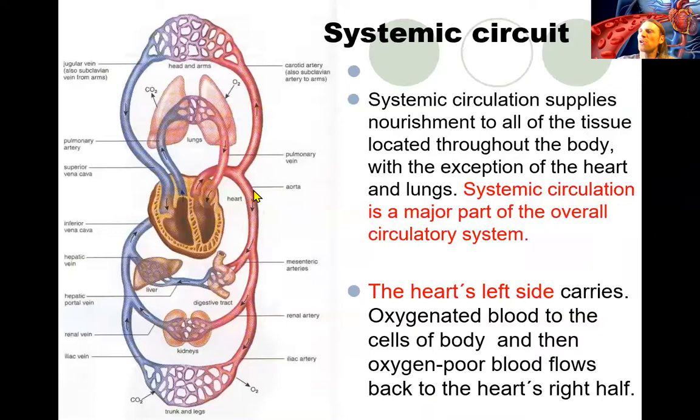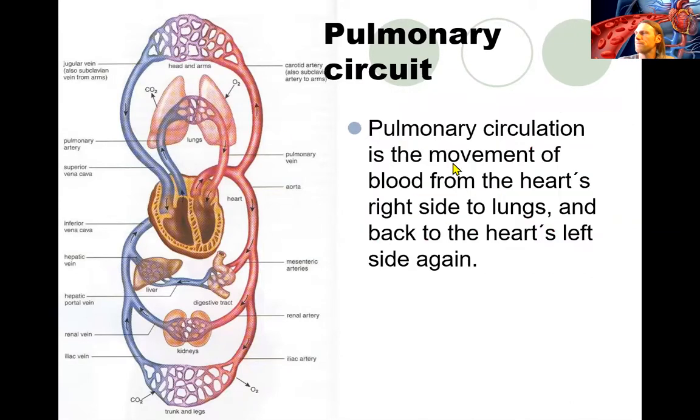The systemic circuit is what I just said: the aorta goes down, goes to all the organs, and goes back, okay? And then the pulmonary circulation is the smaller one right here. You also see, this is a little bit more complete, that the systemic circulation also goes to the head, arms and the brain and stuff. So the systemic circuit is way bigger than the pulmonary circuit, because the pulmonary circuit is just only this, okay? So that's here the pulmonary circuit.